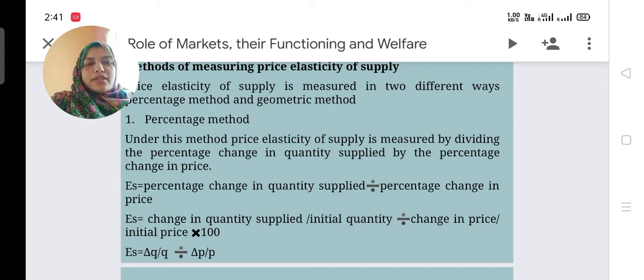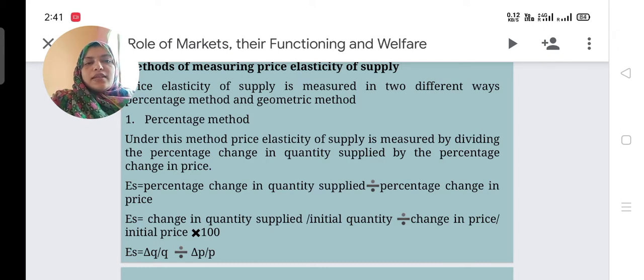in price. If we divide the percentage change in quantity supplied by the percentage change in price, it can be written as ES. ES means elasticity of supply. Percentage change in quantity supplied divided by percentage change in price.